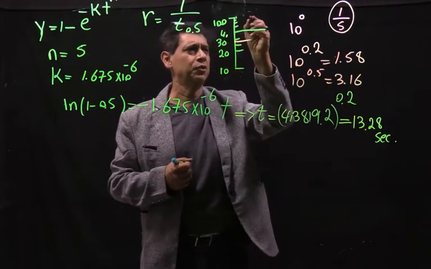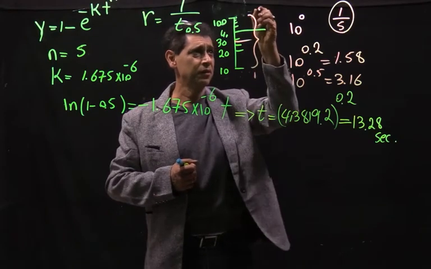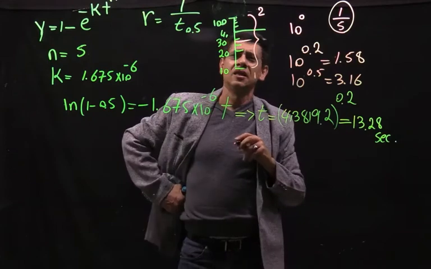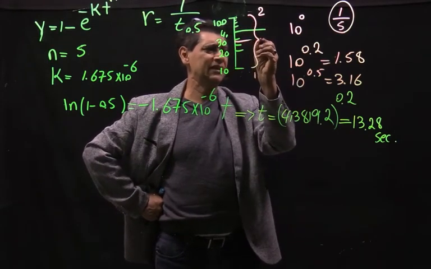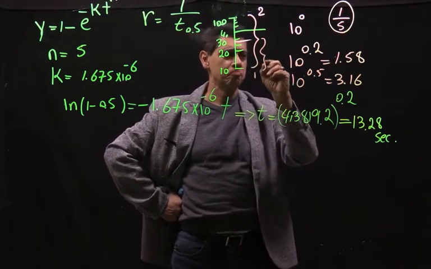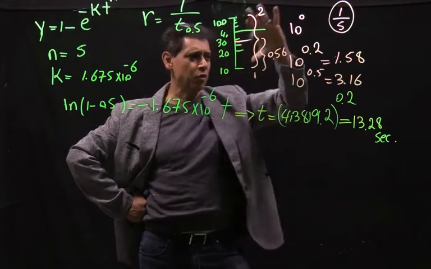You just do the calculation. You measure this length. This is 1, this is 2. You measure the length, and you can see that this seems to be, for example, 0.56 of the whole thing.